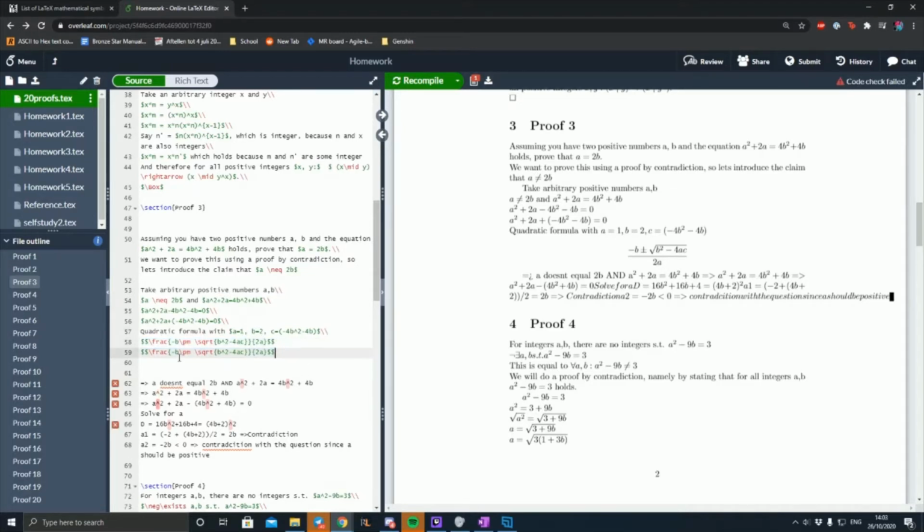Okay, so then I'll do this one again, and then we have negative b, which is negative 2 plus or minus the square root of 4 minus 4 times 1 times, and then we have c, which is this entire thing. And this is a multiplication.